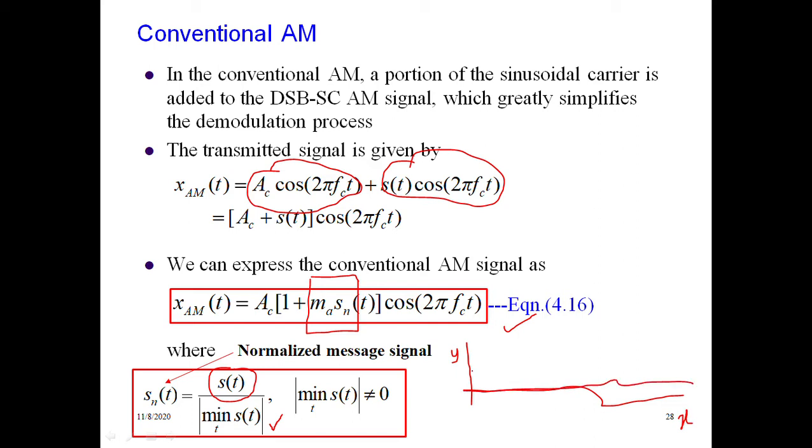Then we have a signal, let's say cos and sine is plus. This is what we call minimum s(t). How do you get this one? By plotting the signal s(t).